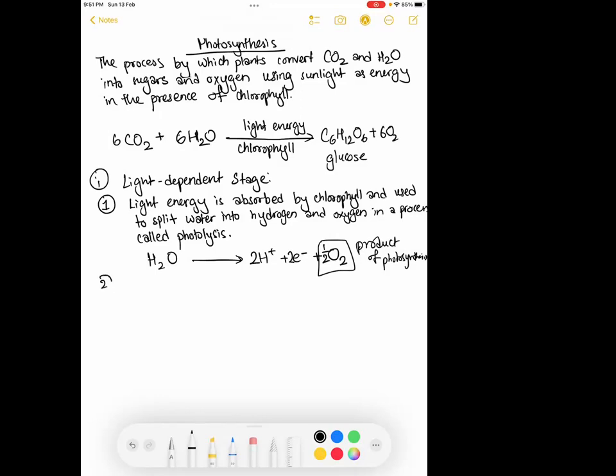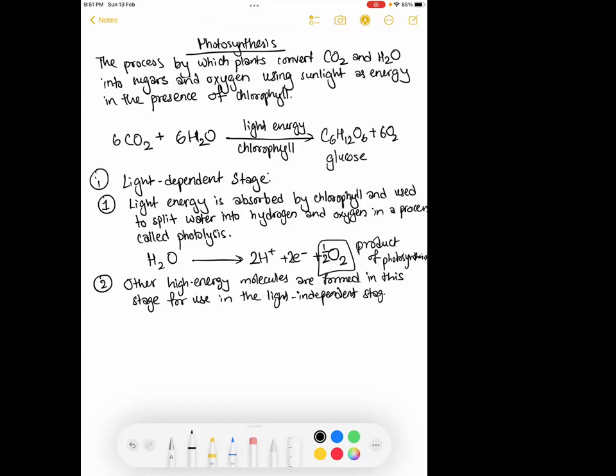For now, it's enough to know that other high energy molecules are formed in this stage for use in the light independent stage, which is the next stage, to convert carbon dioxide into glucose.